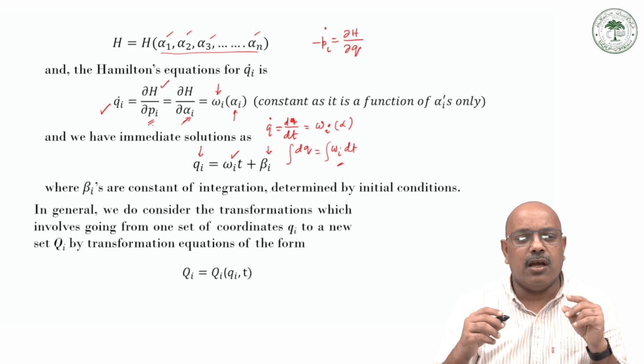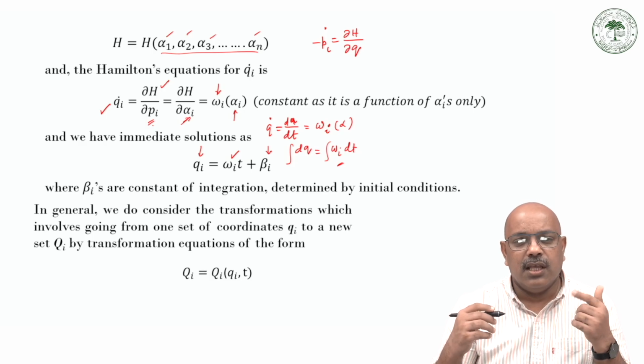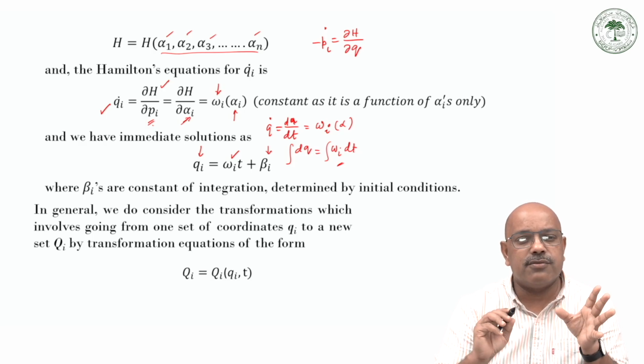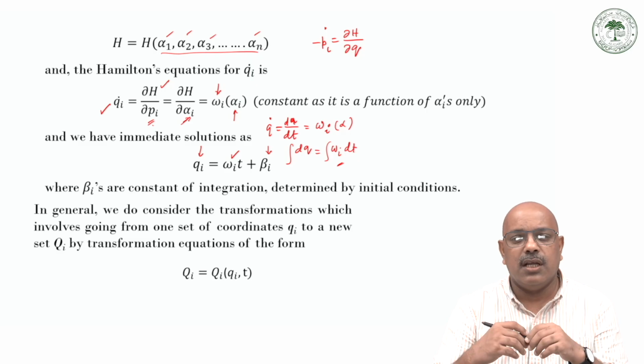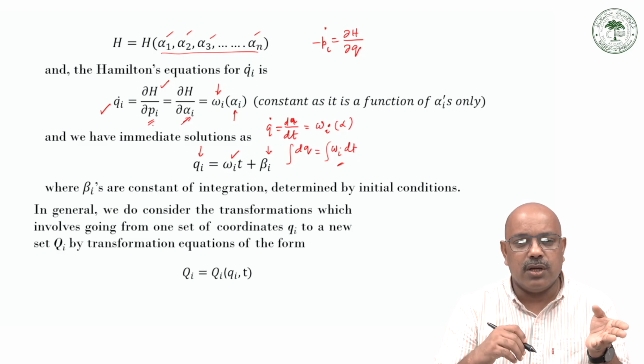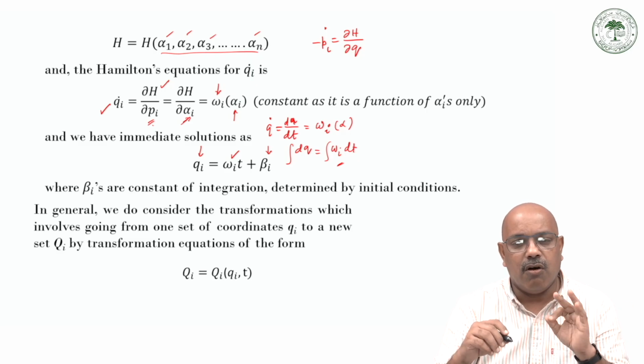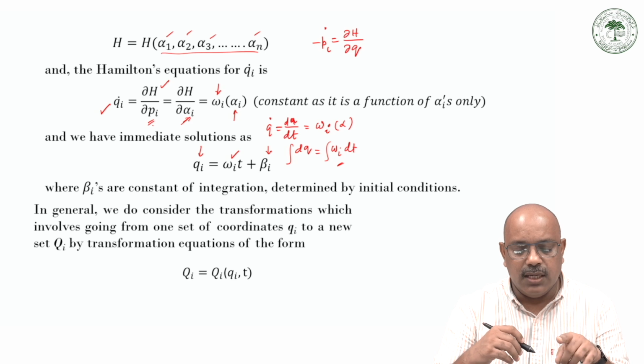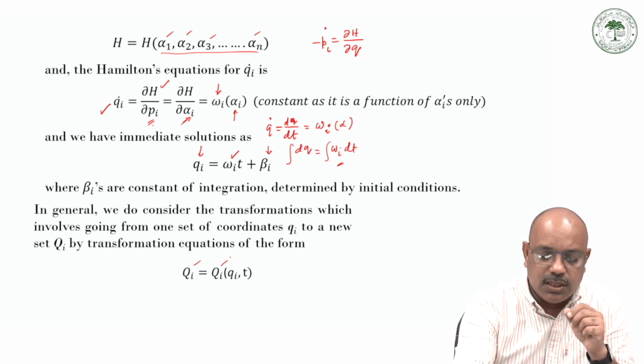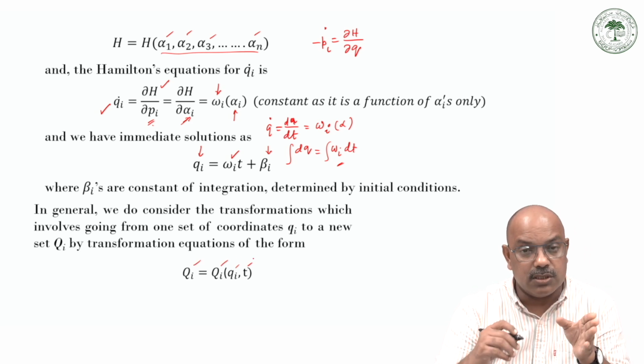So in general, what we consider is a transformation which involves going from one set of coordinates qi to a new set Qi by a transformation equation of the form Qi depending upon q, p and t.